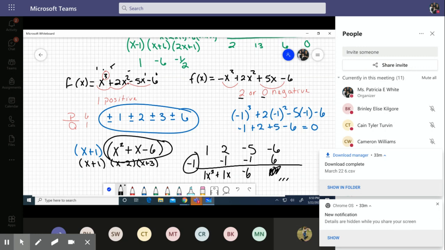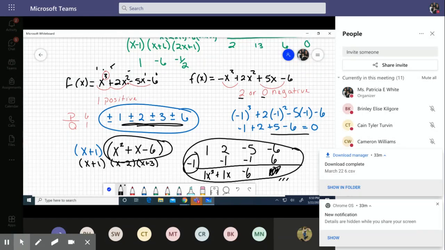Then we list our potential possible answers. Did all of these come out being my answer? No, these are just potential possible answers. Trial and error. Get something, go to synthetic division, and then hopefully we can factor the rest out.